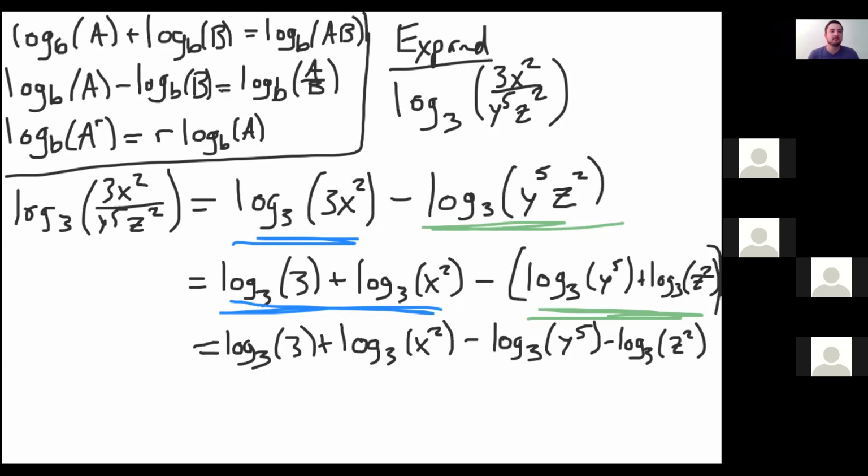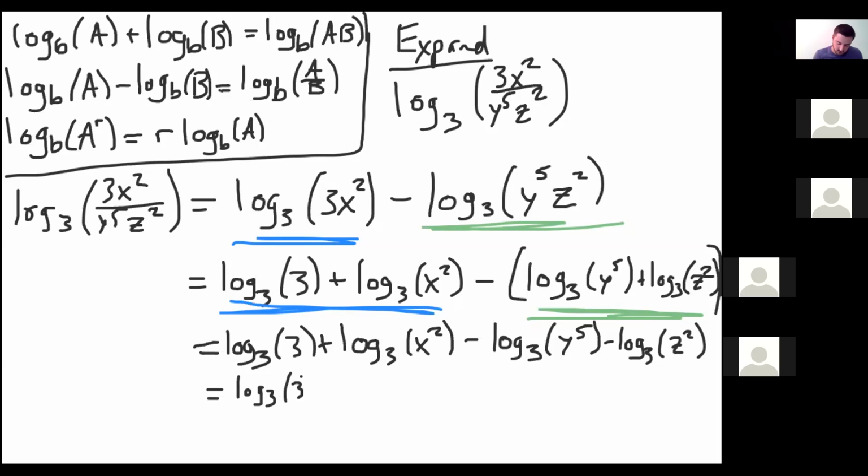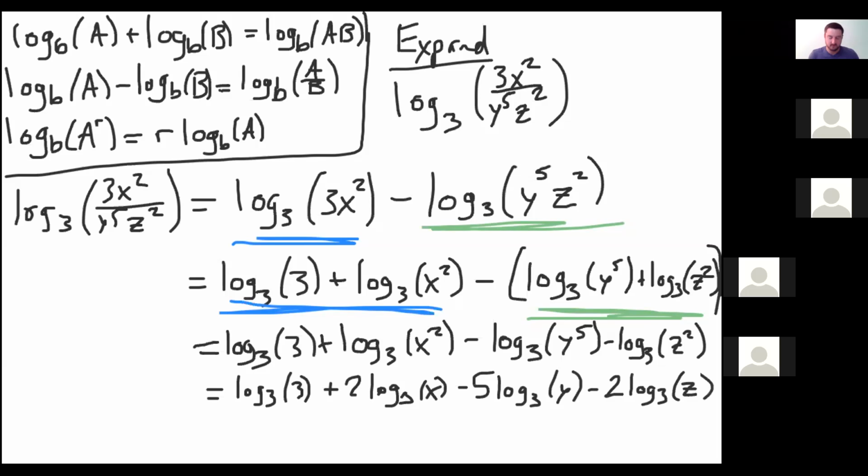I can apply that exponent property, which means that this is going to be log base 3 of 3 plus 2 log base 3 of x minus 5 log base 3 of y minus 2 log base 3 of z. All right, bringing each one of those exponents out front and multiplying it by its log.